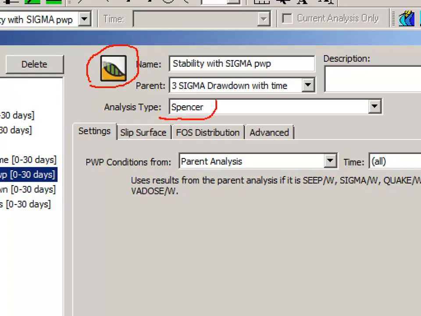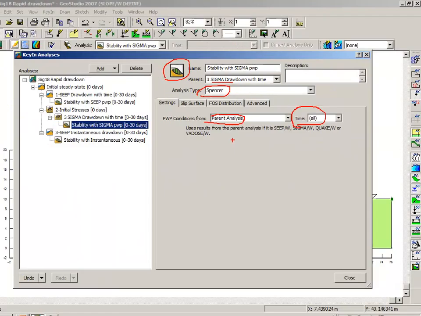We're going to use a Spencer type of analysis, but we are going to get our pore water pressures from our parent, and our parent is the coupled drawdown analysis. And under time, we have selected all. By selecting all, we get the change in factor of safety with time.